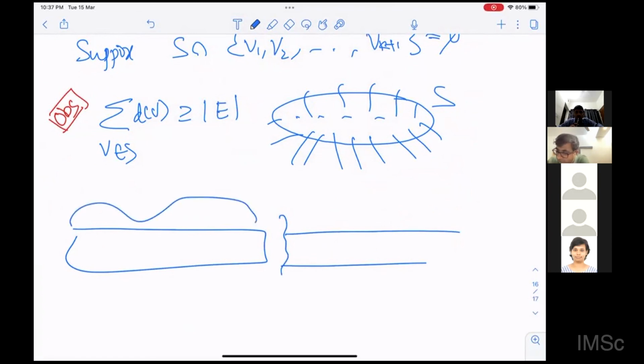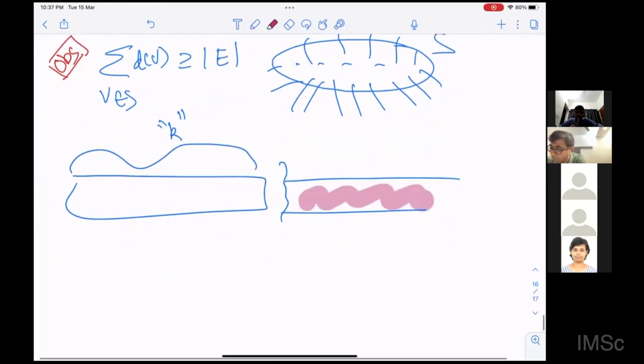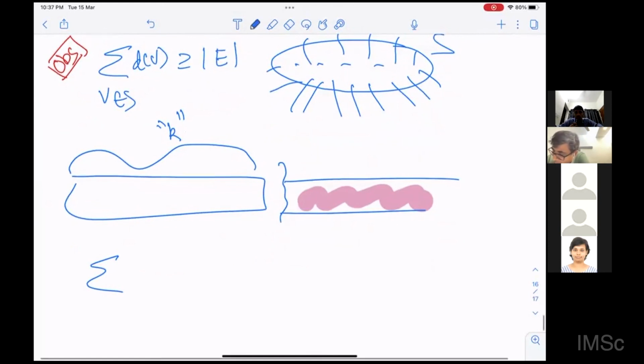What is this, guys? Top K guys. And where is my S? S is somewhere here. Now let's see. Summation. Let's call this set SK, because this is what we have been calling it.